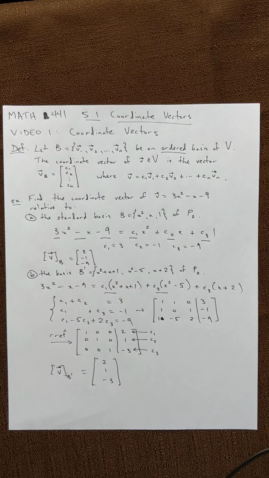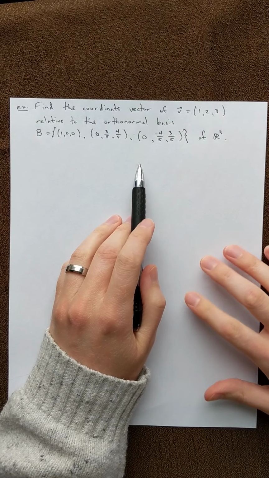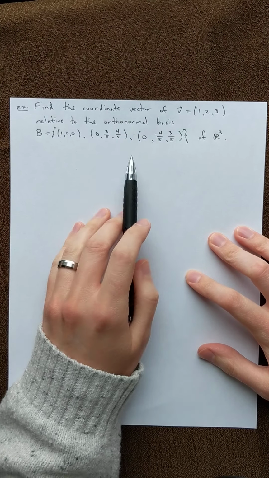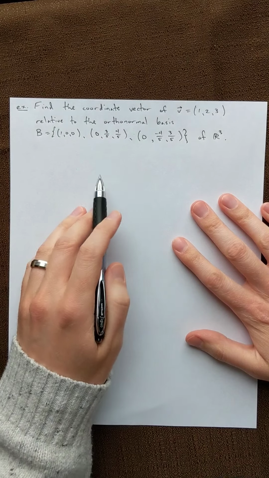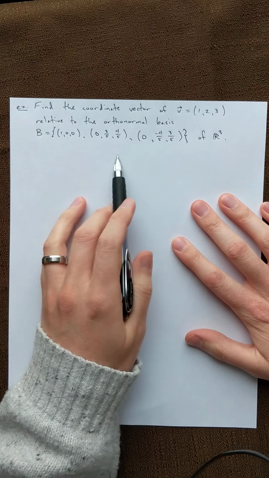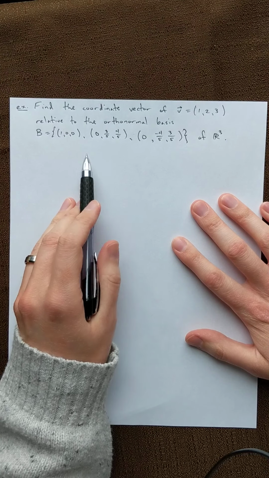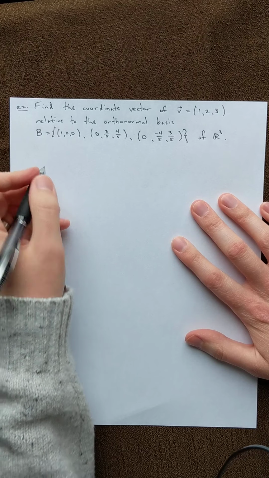Okay, I'm going to pause and pull out another example. This example is actually trying to find a coordinate vector relative to an orthonormal basis. And it turns out, because of the magic of projections, that's going to be even easier than finding a linear combination normally is. It turns out that all we have to do is take a dot product with each of the corresponding vectors.